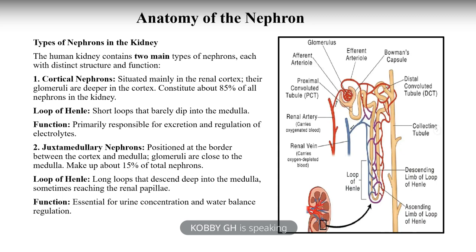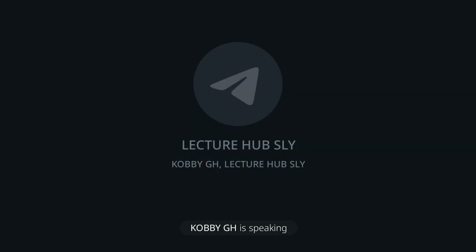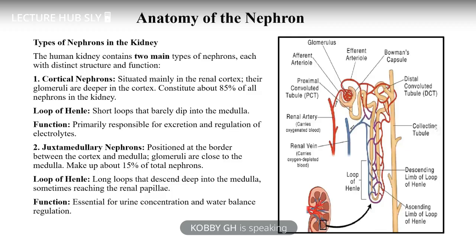The primary function of the kidney is urine formation. When we talk of urine formation, we are talking about a process by which your body, through the kidney, gets rid of waste products or waste substances.